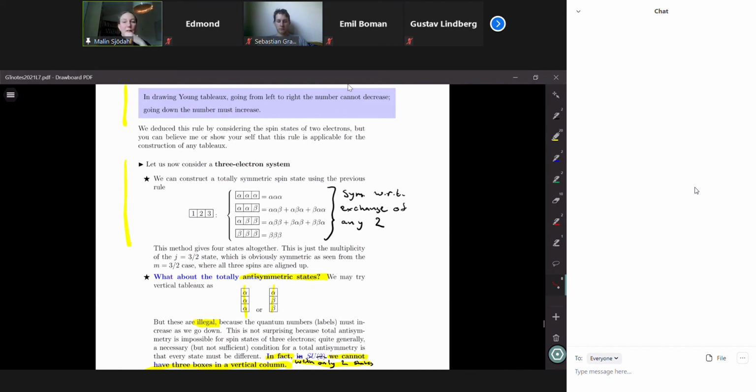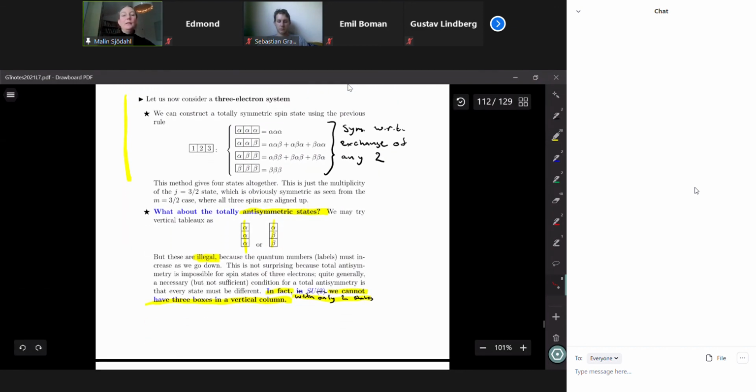And then what about antisymmetric states now with 3 particles? Well, if I only have 2 possible states for the individual particles, then whatever I do, I must write the same label twice in this Young tableau. And that would imply that I'm antisymmetrizing in equal states, and that does not work.